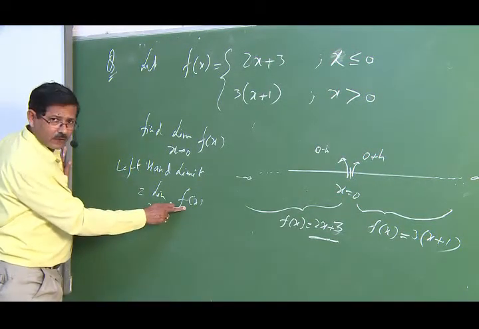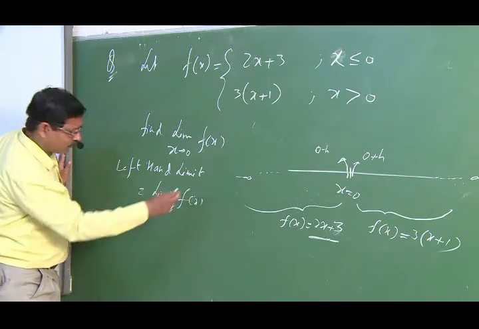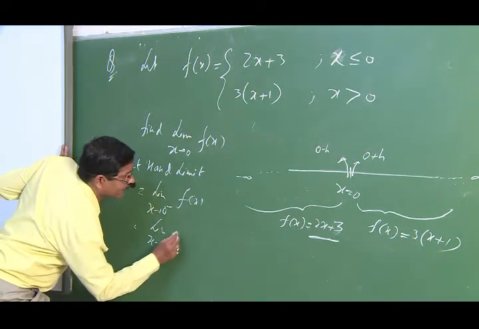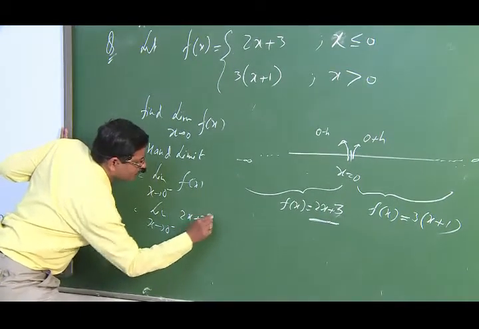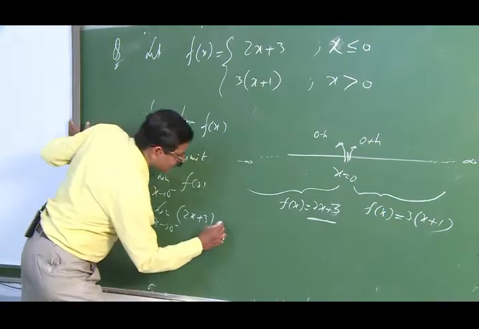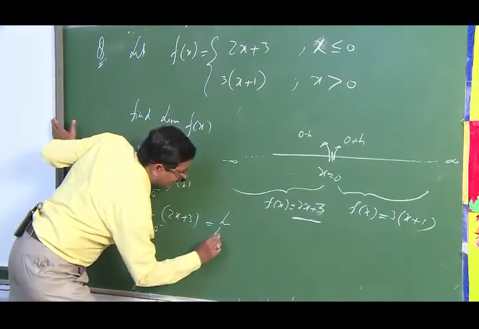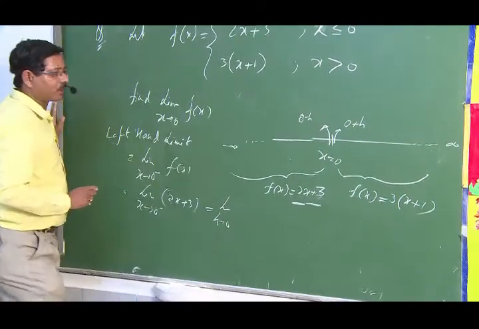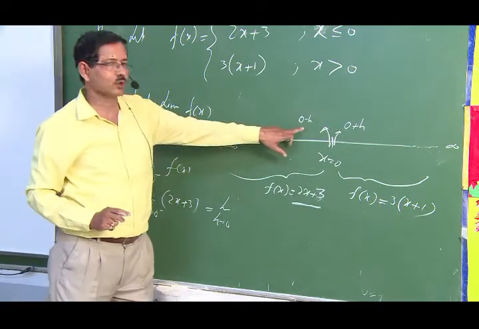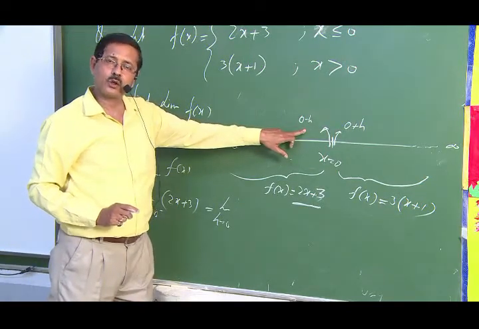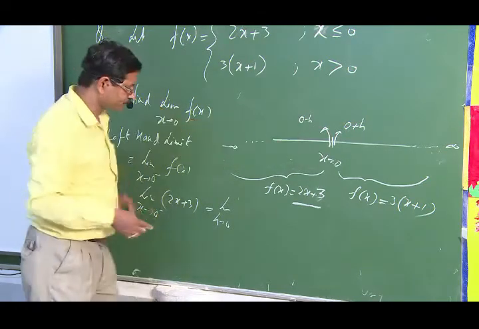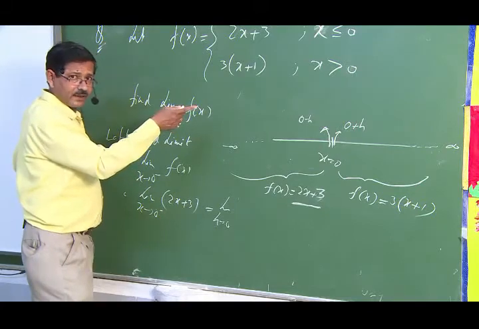Now put the value of f(x) here as 2x plus 3. So this is limit x tending to 0 minus of (2x plus 3). In the next step, limit h tending to 0, replace x by 0 minus h, because you are finding the left hand limit.